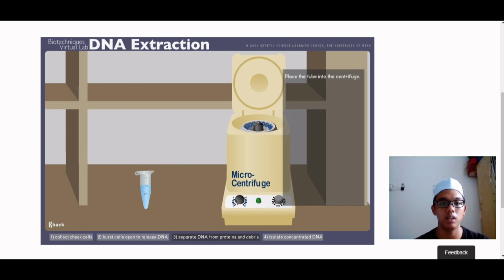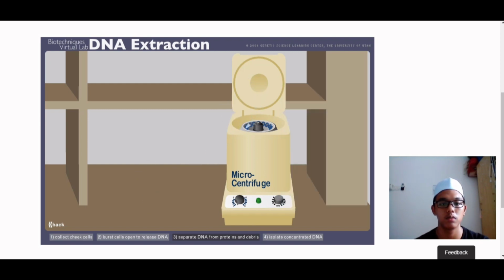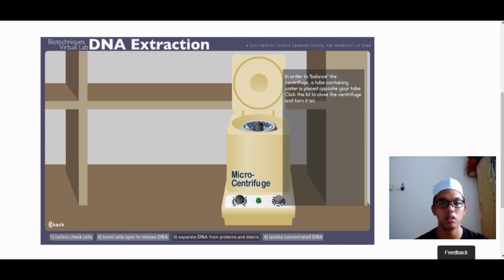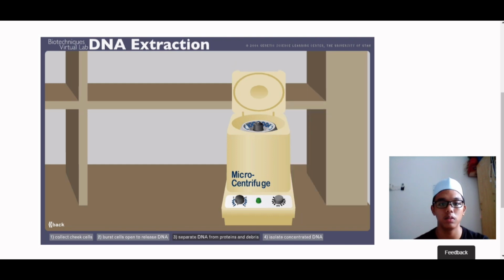Now we will place the tube into the centrifuge. In order to balance the centrifuge, a tube containing water is placed opposite the tube. We will close the lid of the centrifuge and turn it on.